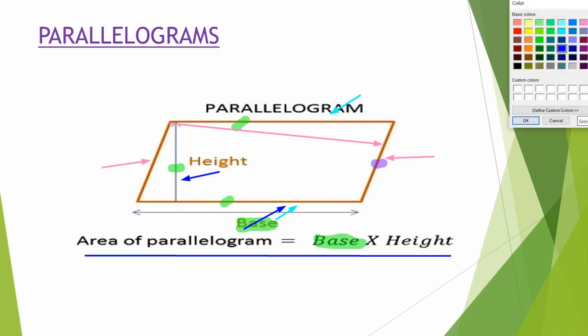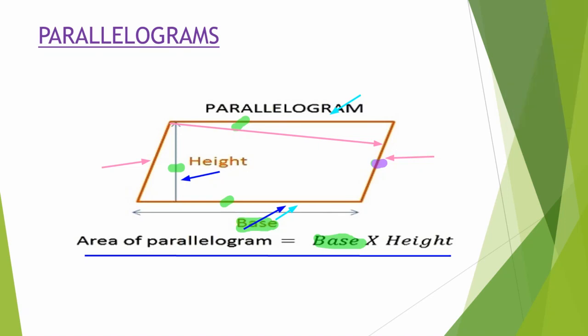If you are taking the other side as base, then this will be the corresponding height. That you have to understand. So the height will be the corresponding height to the base that we are considering. So any side of the parallelogram can be taken as base.